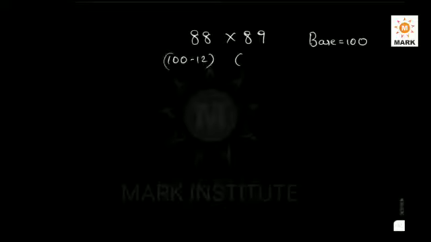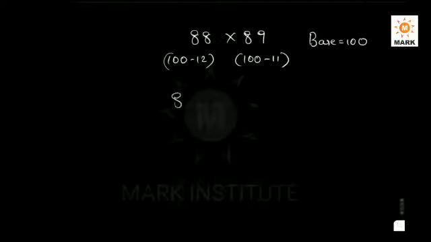If there is any carry forward in the second part, how would we do that? Suppose there is a multiplication of 88 into 89. Here the base is 100, you know very well. This can be written as 100 minus 12 and this can be written as 100 minus 11.